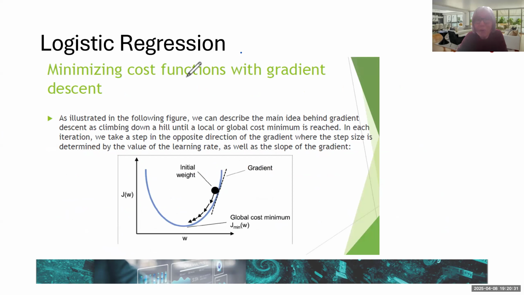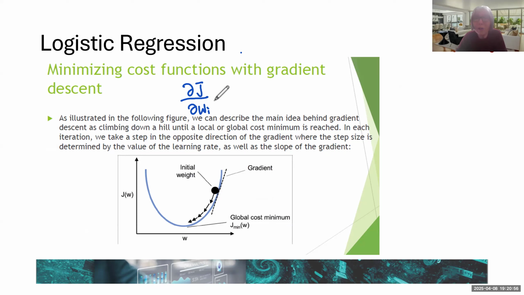We try to minimize the cost. J is the cost, and because you have multiple features, each feature has its own weight. J is a function of the weights, because the weights are unknown, which is what we are trying to solve. So this is the gradient.